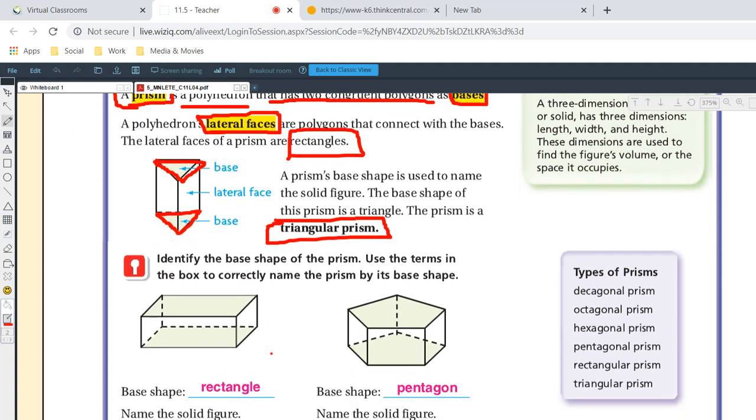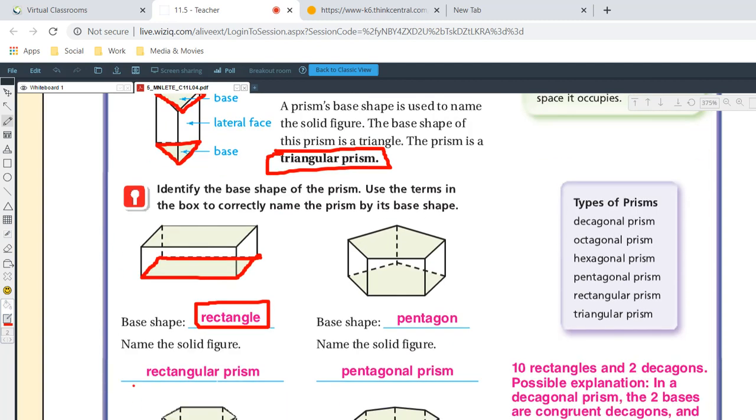The next one, the base here is a rectangle, so we can say that the name of this solid is a rectangular prism.